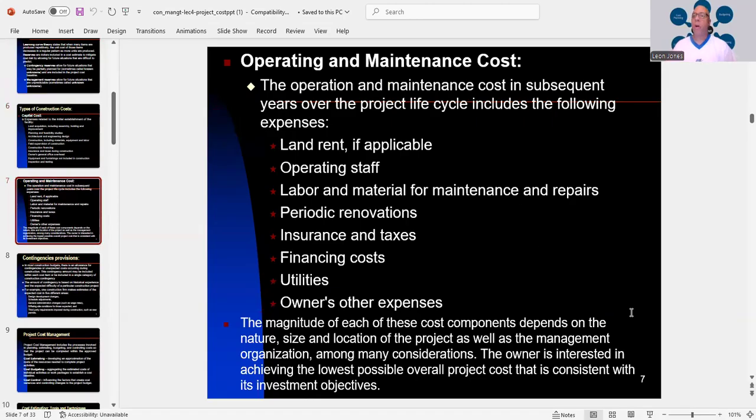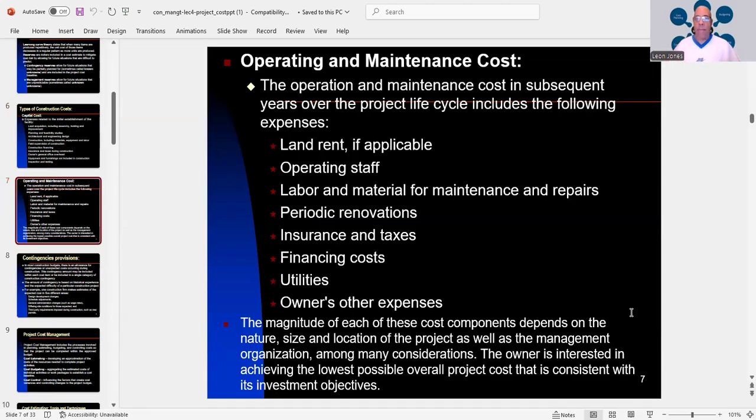And you have what we call operating and maintenance costs. We shorten it up and we call it O&M. Well, the operation and maintenance cost is subsequent years over the project life, and that includes the following expenses: land rent, if applicable, operating staff, labor and material for maintenance and repairs, periodic renovations, insurance and taxes, financing costs, utilities, owner's other expenses.